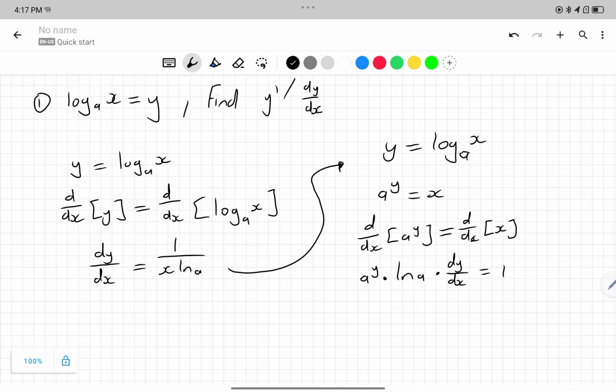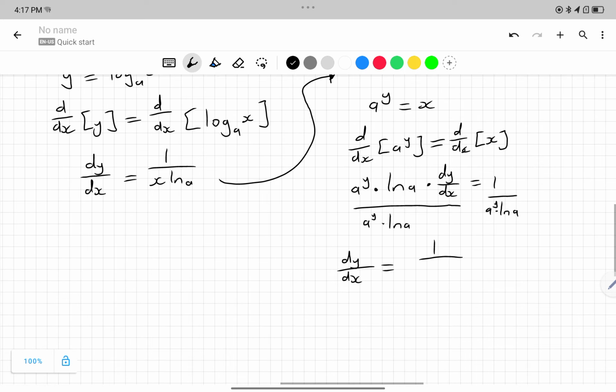And so we have a to the y times ln a times dy over dx equals 1, and we divide both sides by a to the y, then ln a. And so we have dy over dx is equal to 1 over a to the y, then ln a.